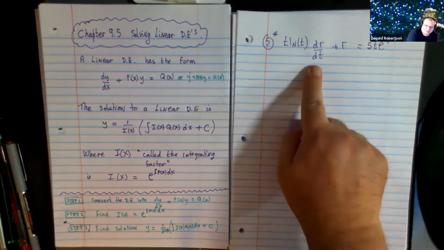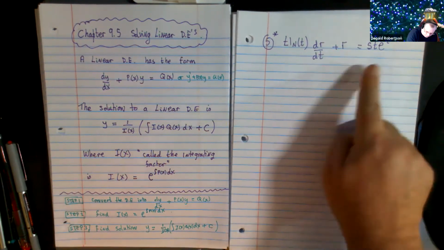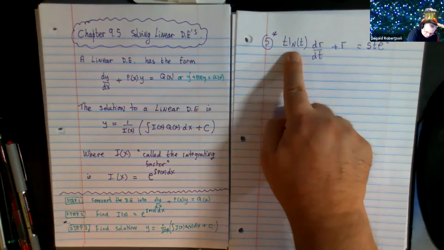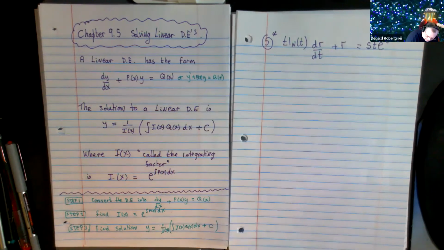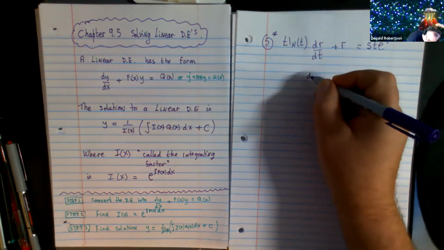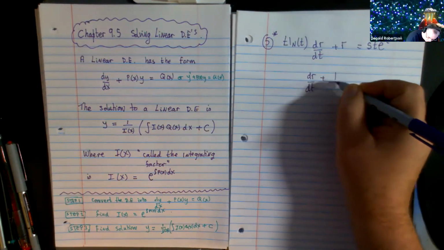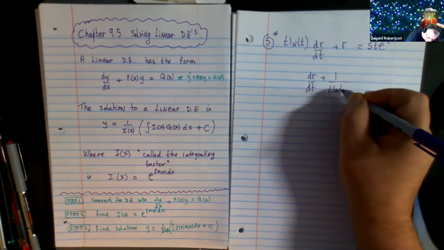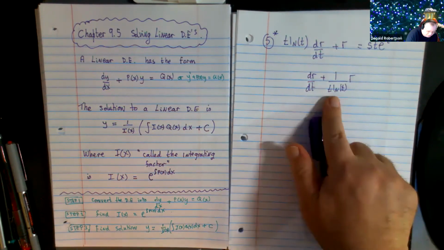Would you agree the derivative is not on its own? If you fix that, the rest kind of come. Which means I'm going to have to divide everybody by this. Not very nice. So what's that going to get me? dr by dt on its own plus 1 over t natural log of t, r. Do you see how I did the same thing I did last time? I just called it 1 over so that I could separate this.